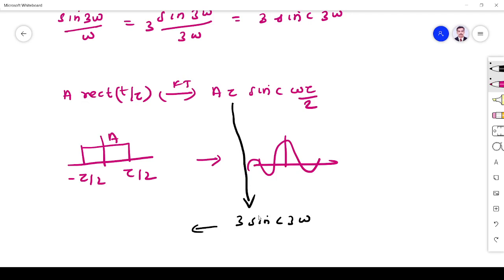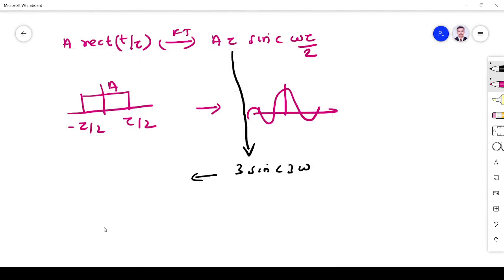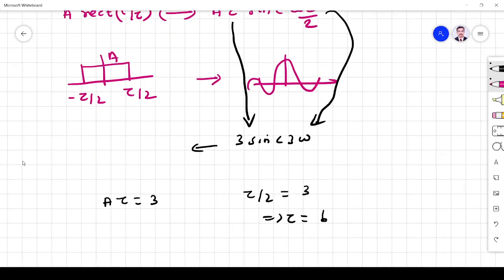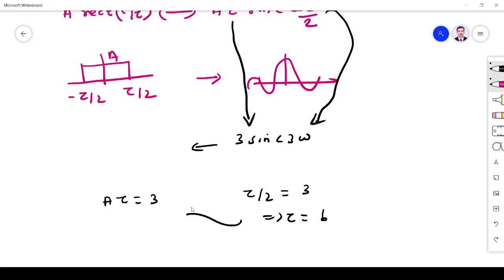So you see, 3 sinc 3 omega. Comparing with A tau sinc(omega tau by 2), A tau is 3, and tau by 2 is 3. This implies tau is equal to 6. Substituting this tau, A is equal to 3 by 6, which is 1 by 2.